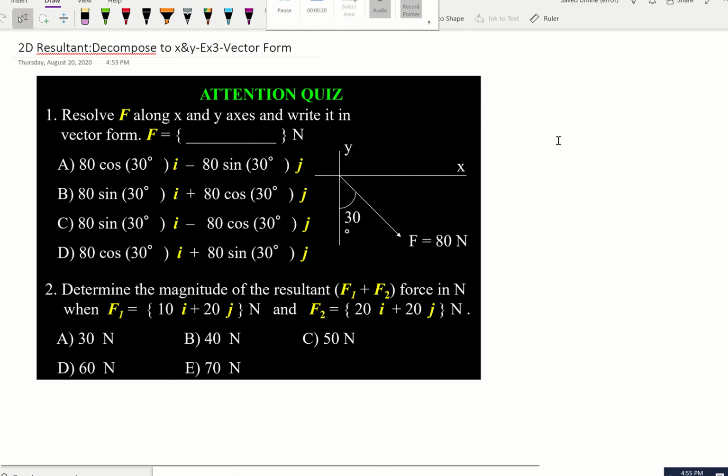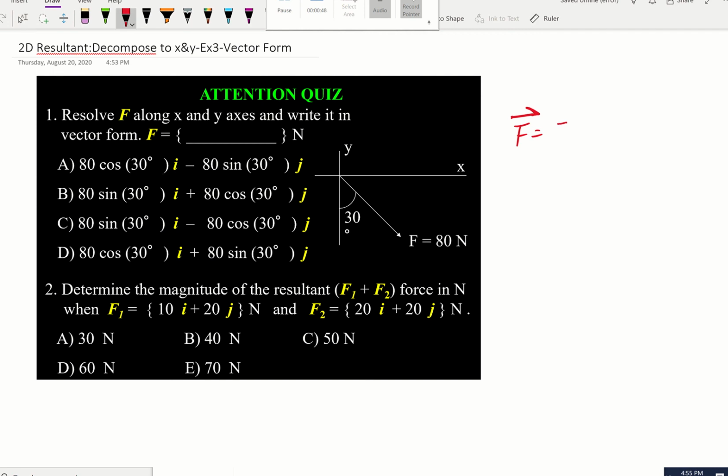The first question says resolve F along x and y and write it in vector form. So whenever you write down F, here I'm going to introduce this hat. Whenever you have a hat on a force, it means this is a vector, it has a direction. It's a vector form.